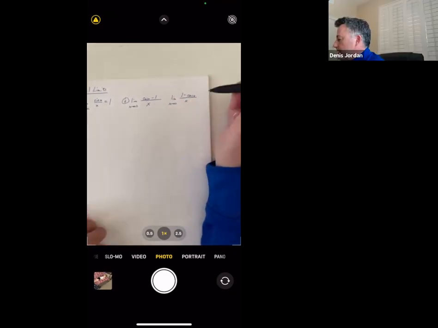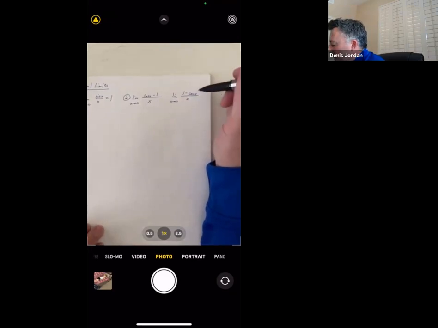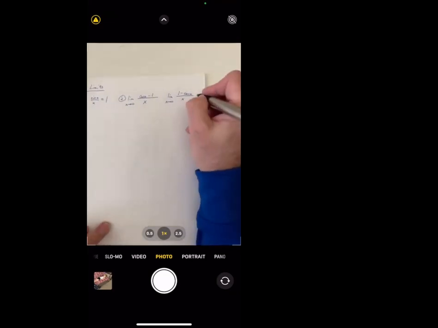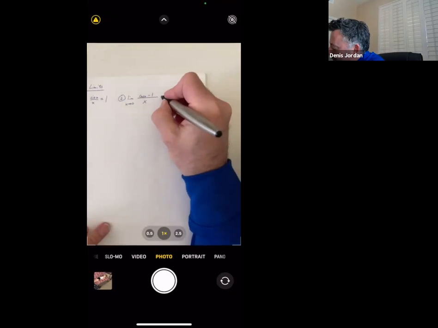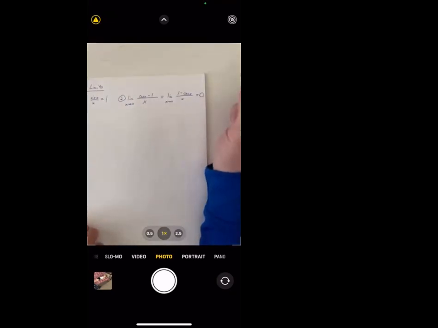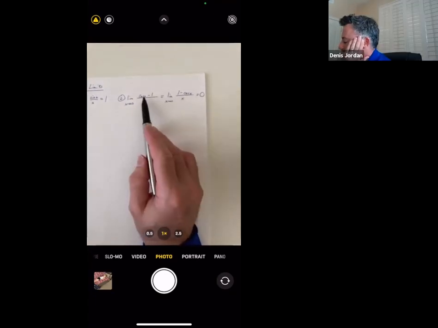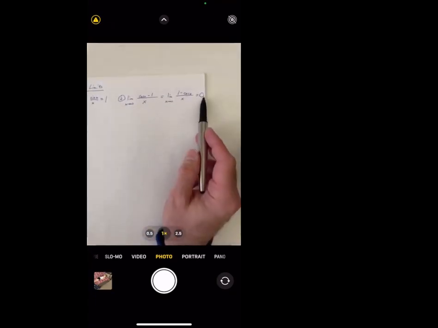What if it was 1 minus cosine? Hey, that looks a little familiar. That's 0, right? And they both are. So it doesn't matter if it's 1 minus cosine or cosine minus 1. They're still both going to equal 0.